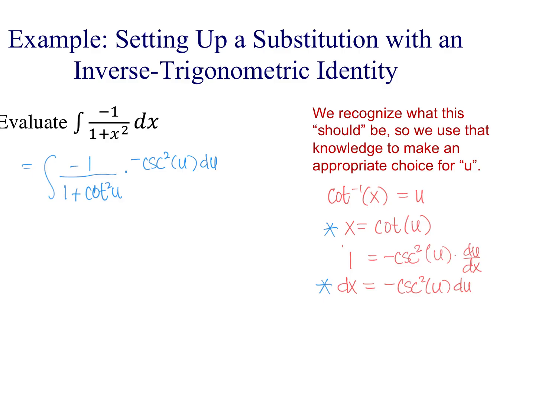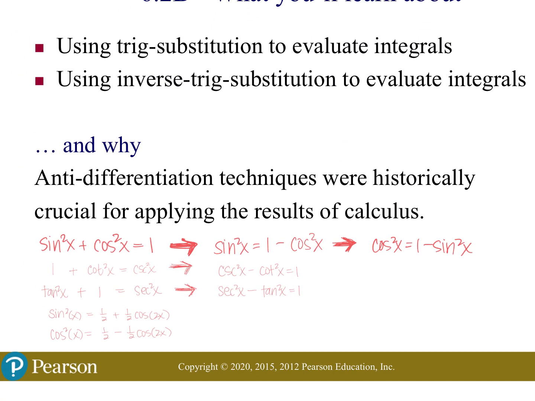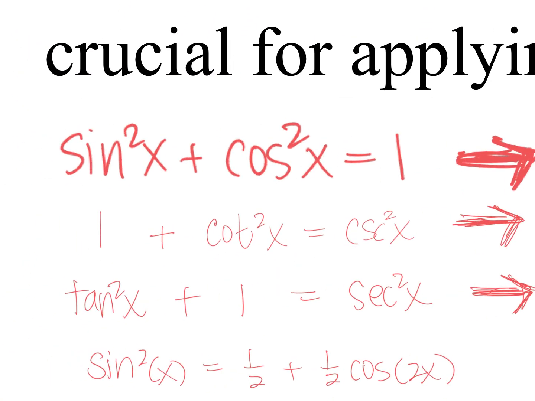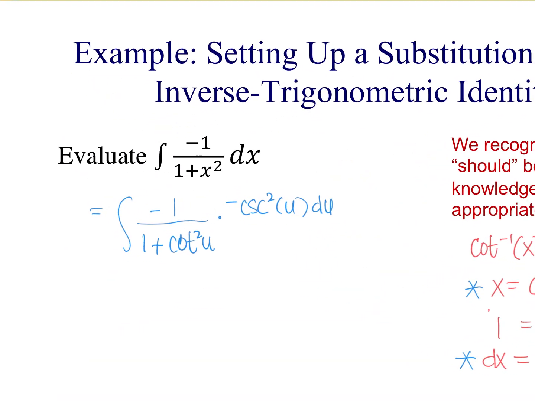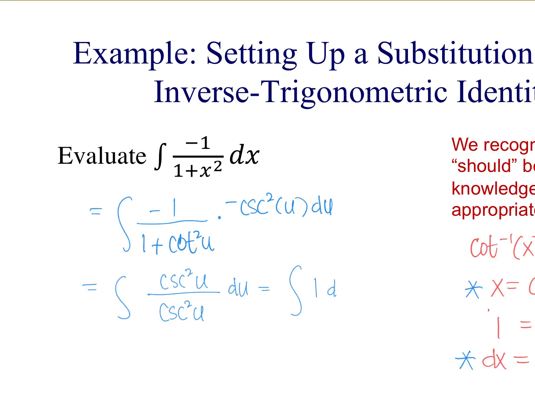So we can go back to that very first one we did here. Okay, 1 plus cotangent squared is equal to cosecant squared. So we'll end up with cosecant squared u in the denominator. And then two negatives make a positive. So we have positive cosecant squared u in the numerator as well with du, which gives me 1 du.